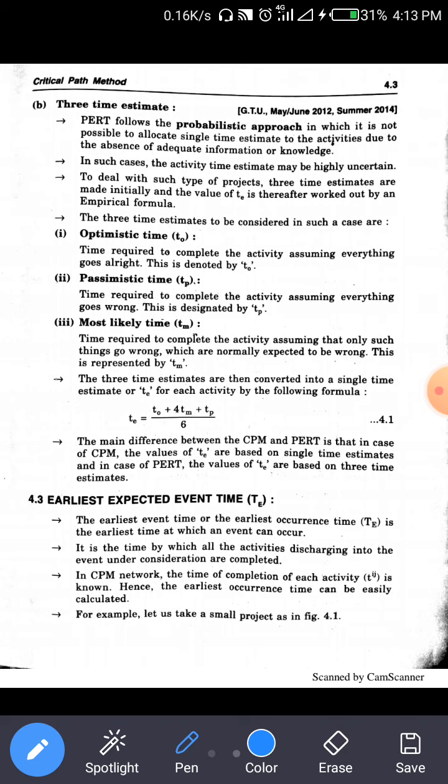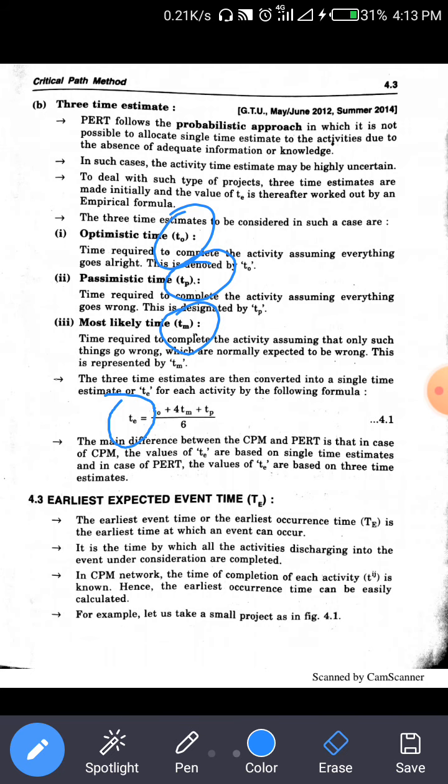O means optimistic time, P is the pessimistic time, and TM is the most likely time. Clear? From these three times, TO, TM and TP, we calculate a single time, TE, the estimated time.